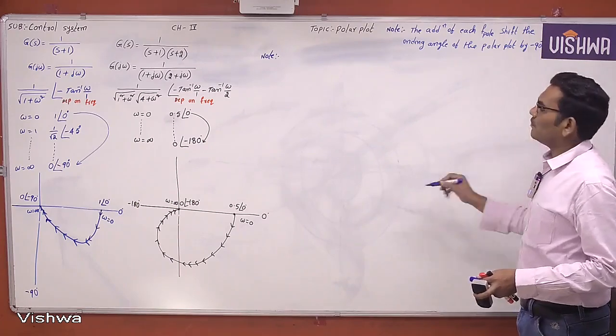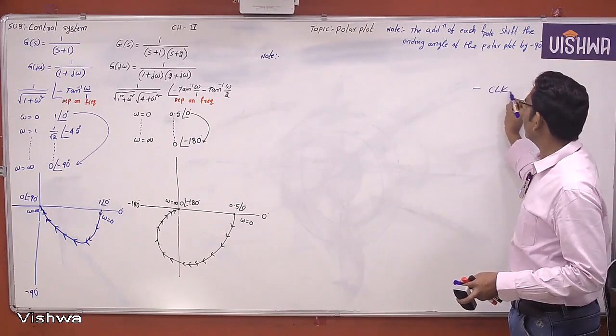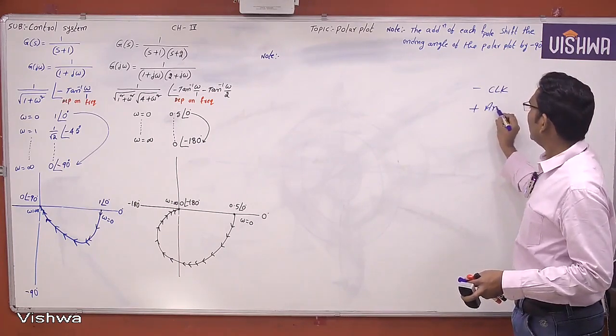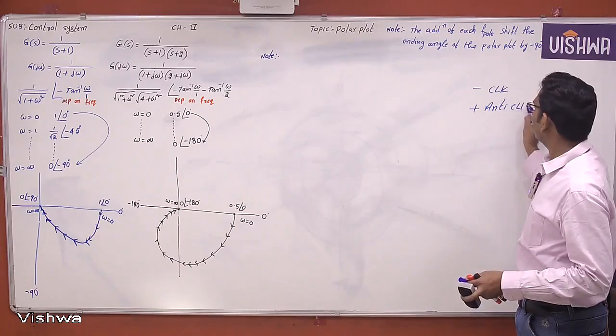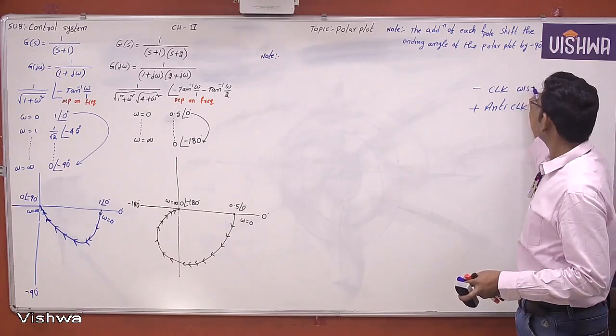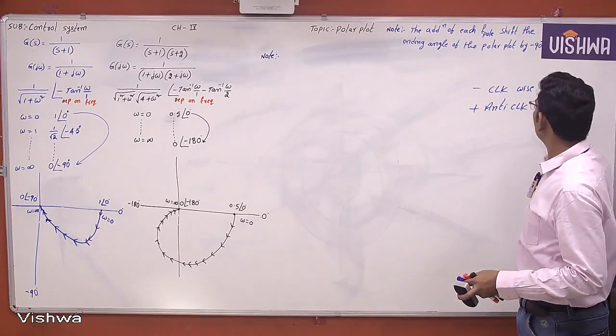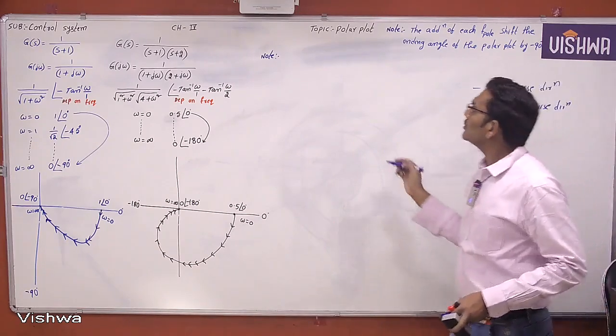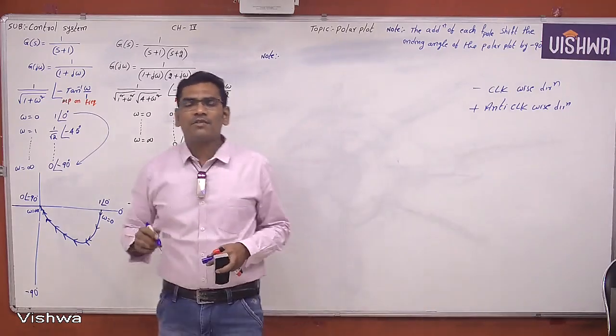Minus means clockwise direction, plus means anti-clockwise direction. You know this. Okay, now this is the note you observed: the addition of each finite pole.